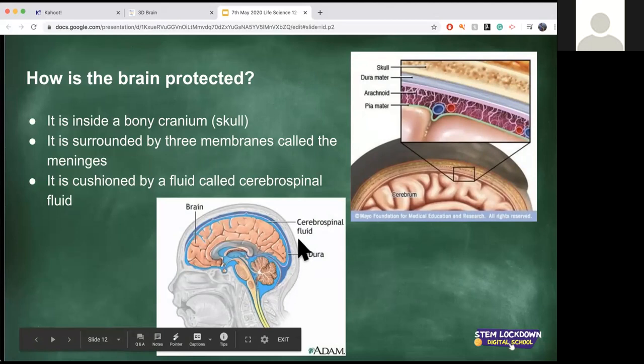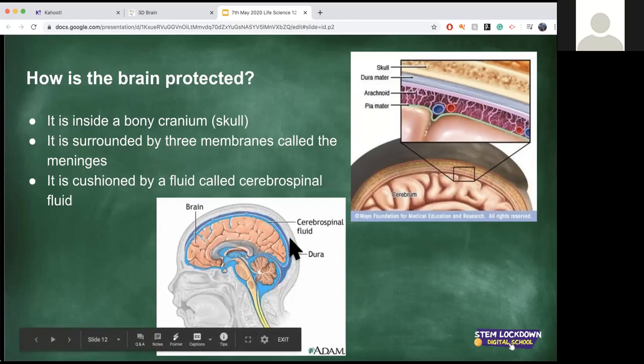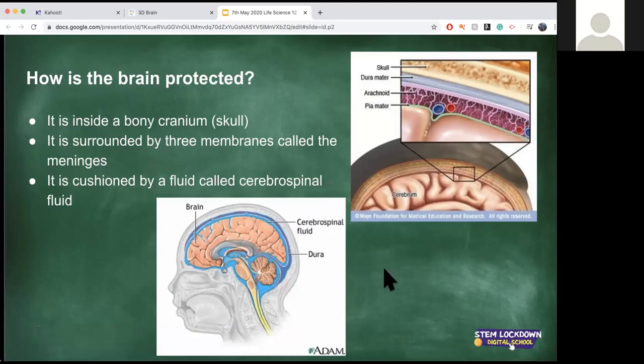You first have your skull, your cranium, you have your three membranes, and last but not least, you have your cerebrospinal fluid. And remember, this not only protects the brain, it also protects the spine. The only difference is the spine is protected by the spinal cord, but they also have the three membranes, and they also have the cerebrospinal fluid.